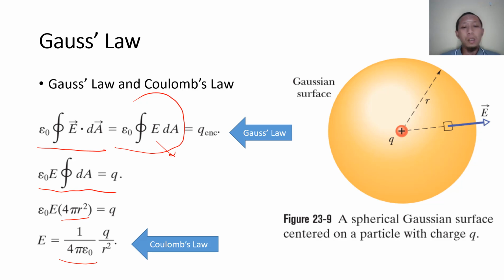This is like Coulomb's law. We remember that E is k q per r squared, so it's similar to this one. So to determine the electric field, we can use the Gauss law or the Coulomb law like this.